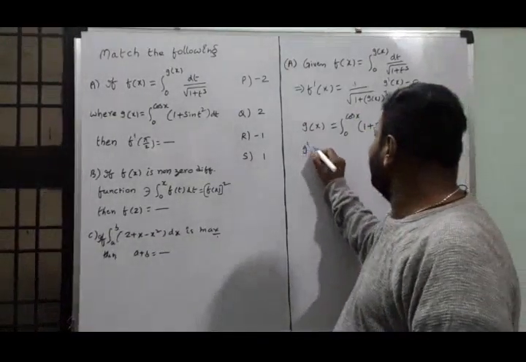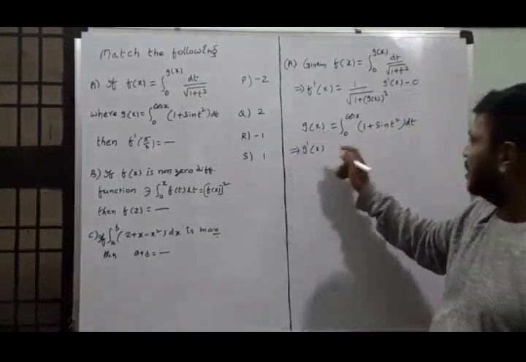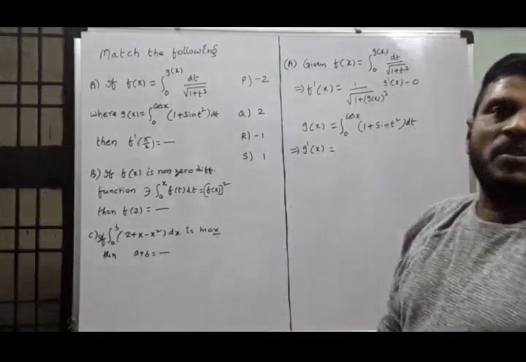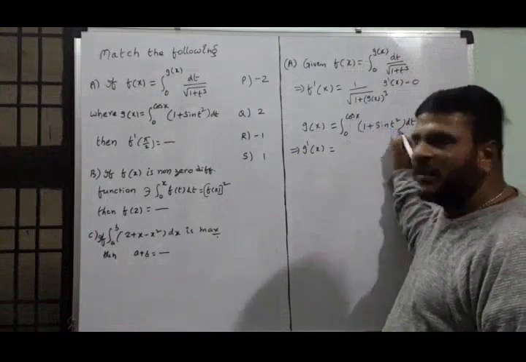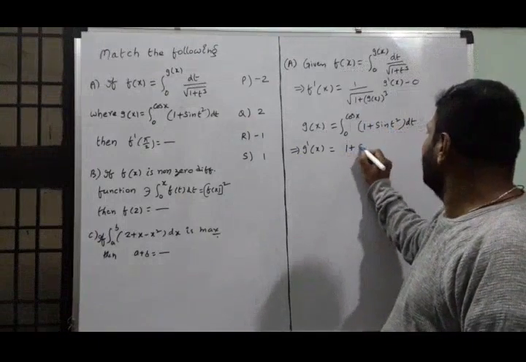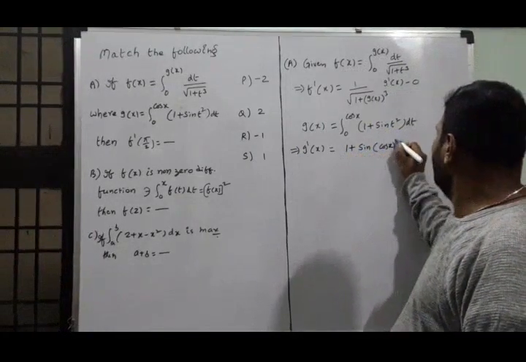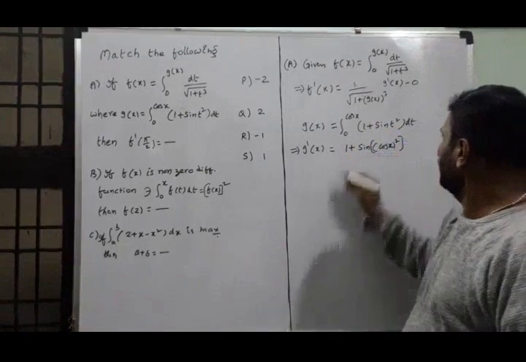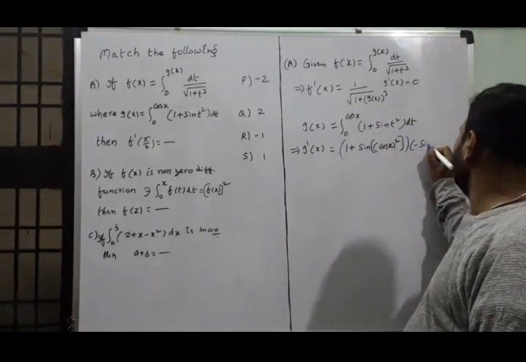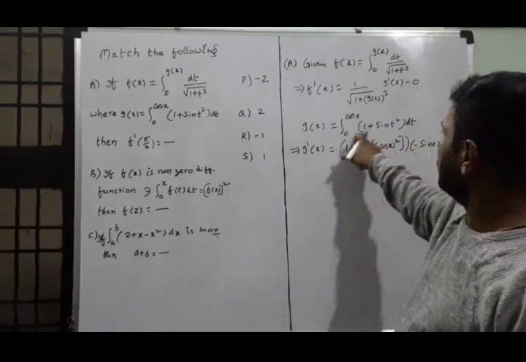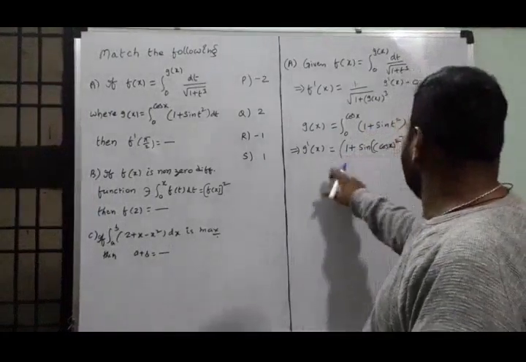Now find the derivative of this function g of x, which is g dash x. Apply the Newton-Leibniz rule. Substitute the upper limit in place of t: 1 plus sin of cos x whole square, into the derivative of cos x, minus sin x, minus the lower limit 0. This is g dash x.